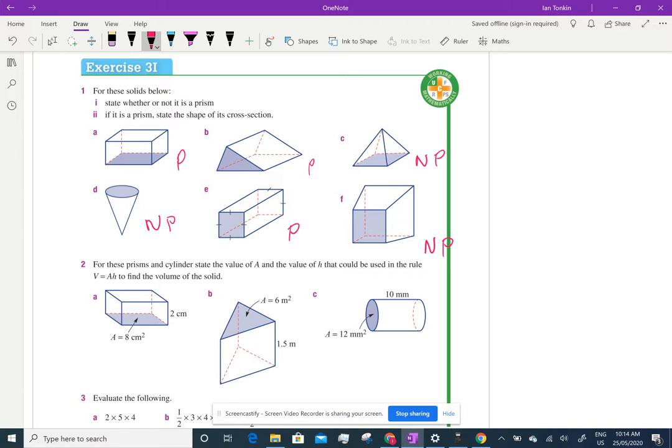Now, part 2. What about the cross section? There's only 3 that are prisms. So the cross section of this, well, you can use the bottom, but it's a rectangle. And you could have used this one as well. It's still a rectangle. Or indeed, you could have used this one. So the cross section of that is a rectangle.